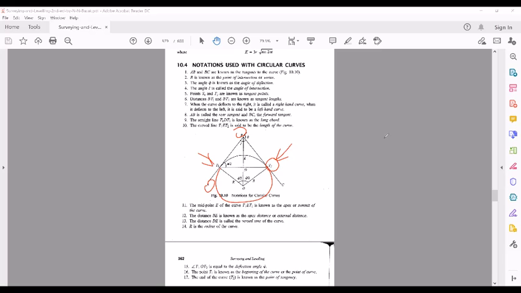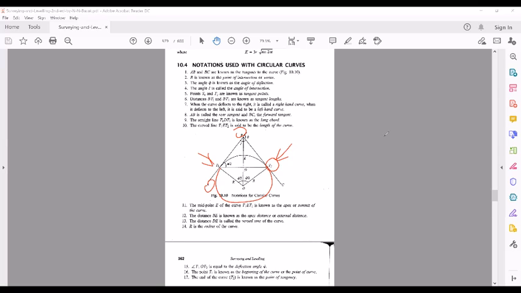So after T2, the road becomes a straight line, and before T1, it is a straight line. And between T1 and T2, you have an arc of a circle. The two points are then joined to the center of the circle O, and the lengths of the lines become the radius, and you have an arc of a circle or a curve.